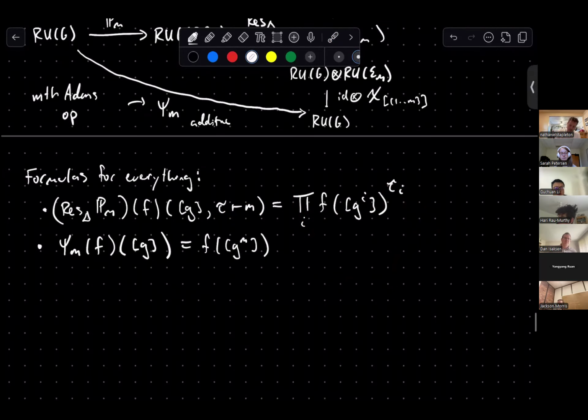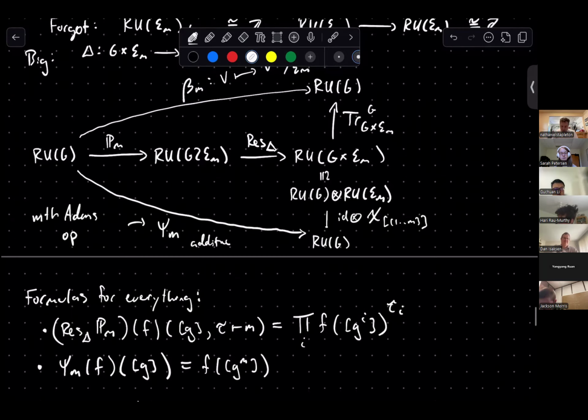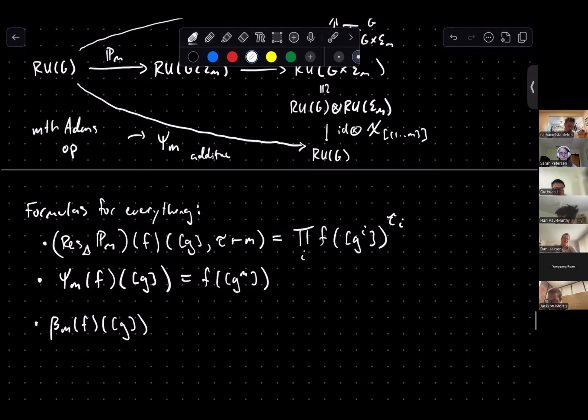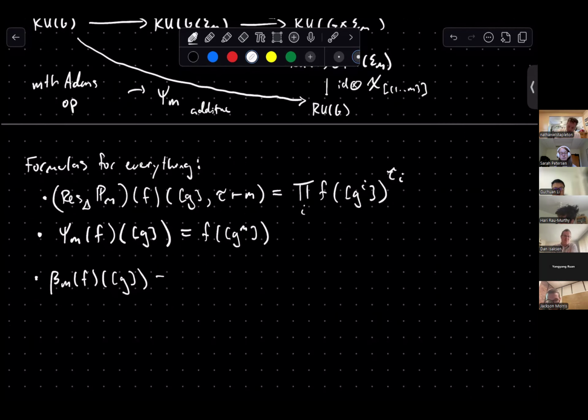And then what about beta? So beta m of f, well, this one's got to be uglier because we have this transfer in the definition of beta. And so you just got to use the formula for the transfer along the surjection, which is I divide by the order of the kernel, which is m factorial.